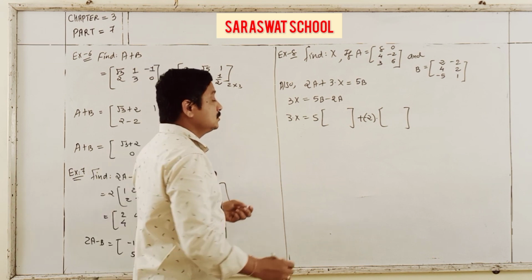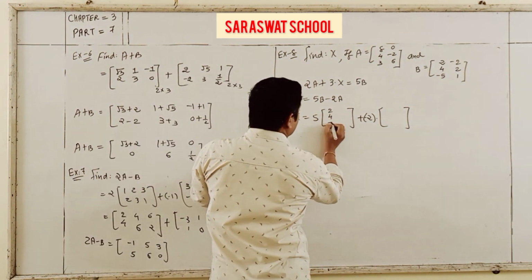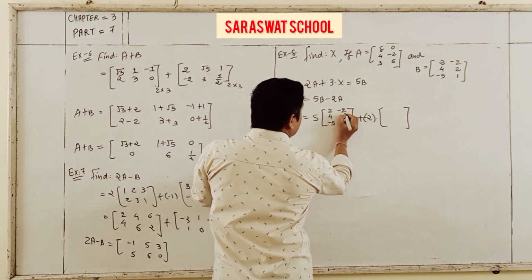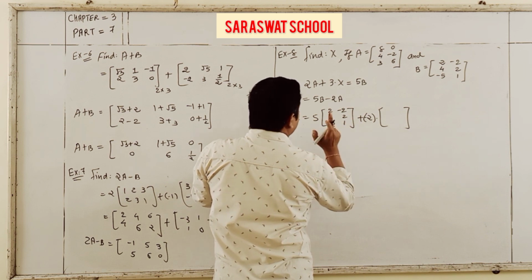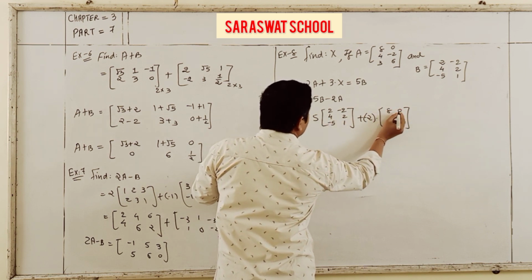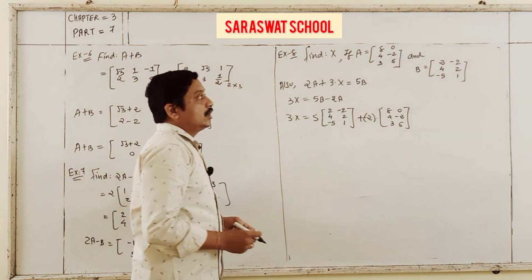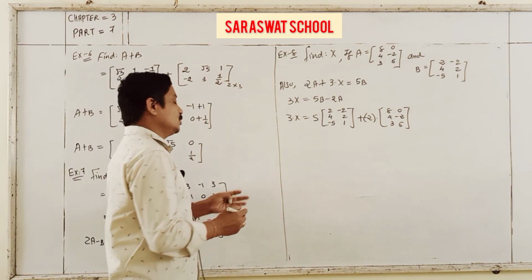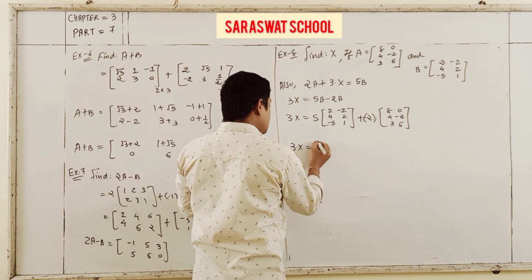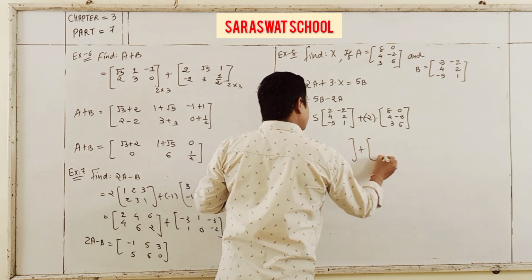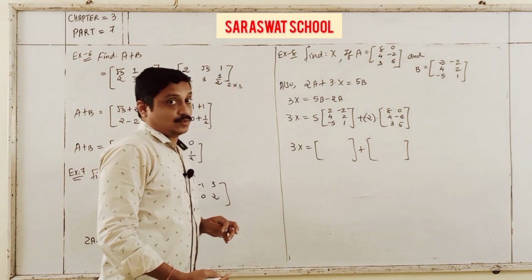B I have 2 4 minus 5 minus 2 2 1 and a I have, students, 8 0 4 minus 2 and 3 6. So 3 of x, 5 multiply that, minus 2 multiply 5.